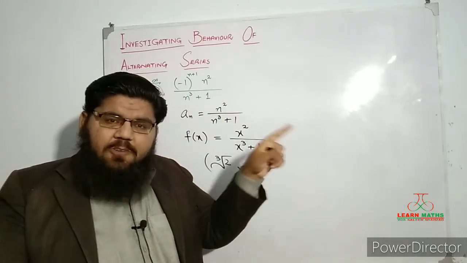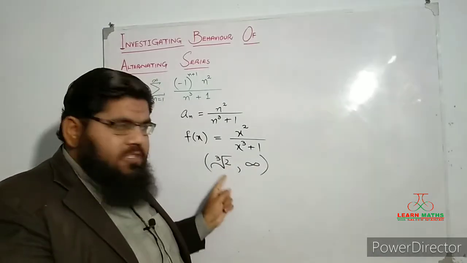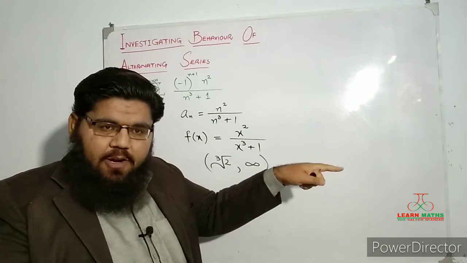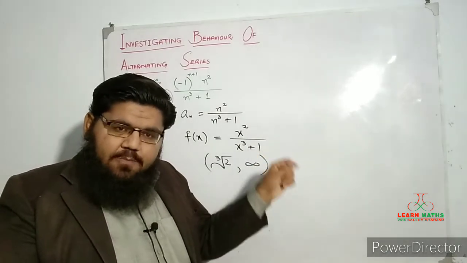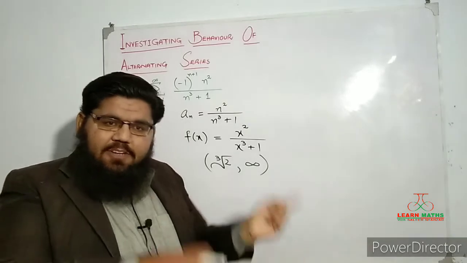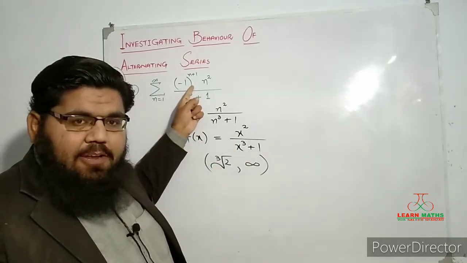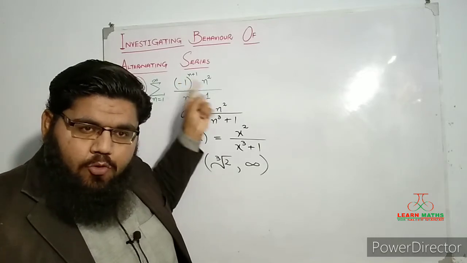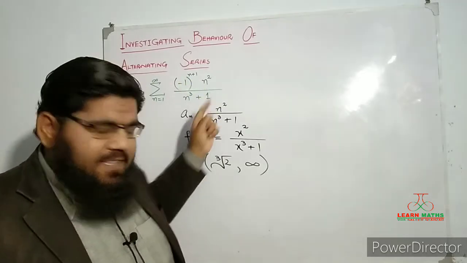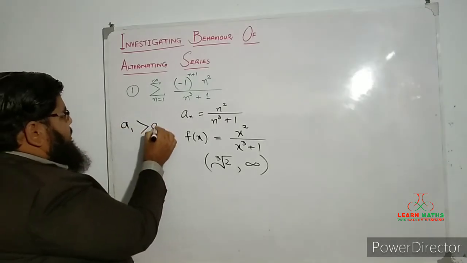Because it starts from 1 point something, we are sure that from 2 onward the size of the terms is decreasing. But what about between the first term and second term? You can simply evaluate it for term 1 and term 2, and you will see that a1, the first term, is greater than a2.